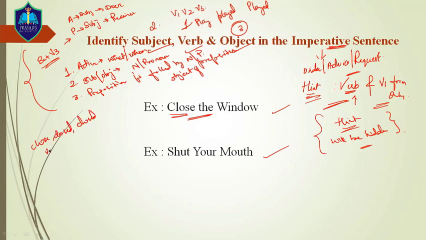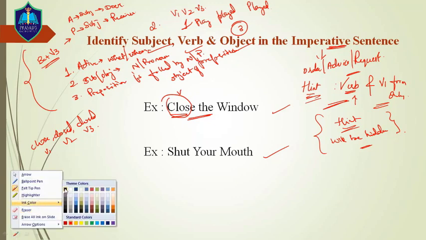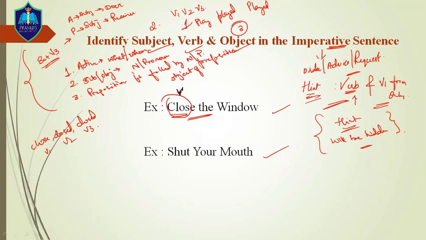We can make all three forms, so this is a verb. Next, we have to check whether the sentence is active or passive. The B plus V3 form is not there in this example, so definitely this statement is in active voice.